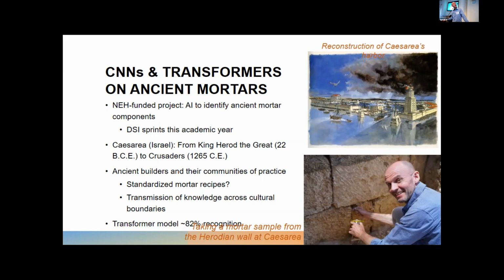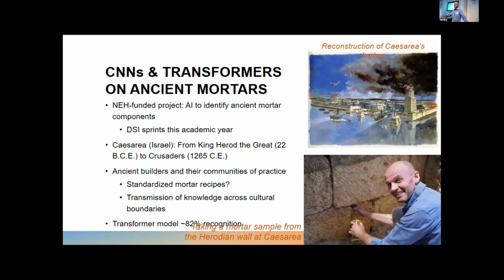And specifically, we use samples from an ancient site called Caesarea in modern Israel, which is famous because it was founded by King Herod the Great of biblical fame more than 2,000 years ago. It was occupied for about 1,300 years until the Crusaders came and were then evicted from the city.